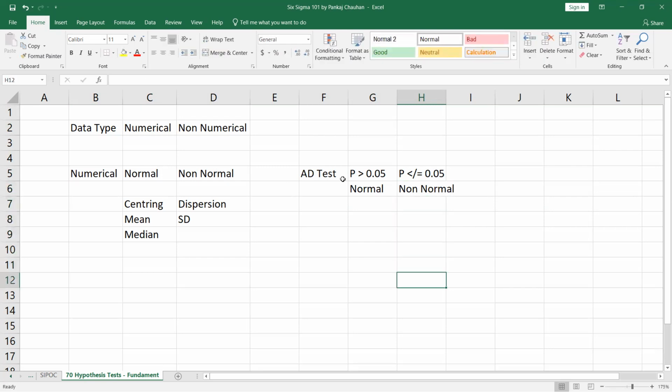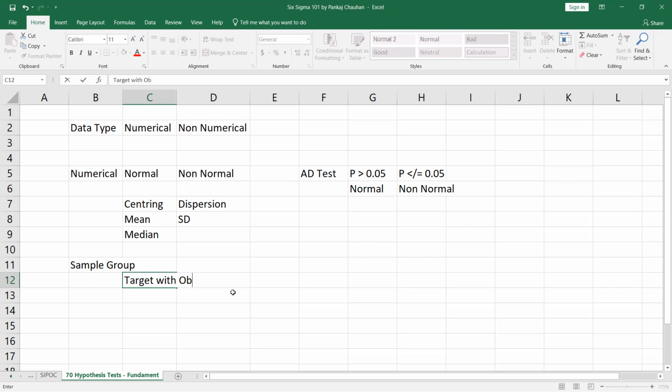Now, you have identified whether data is normal or not normal. You are comparing the mean or maybe the standard deviation or the median. Then we will look at how many categories you are comparing, or what your sample group or subgroup size is. You will look at whether you are comparing a target value with some observation, or the subgroup or sample group or the data which you have collected.